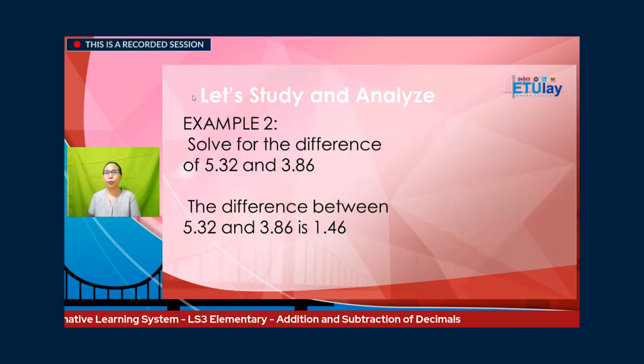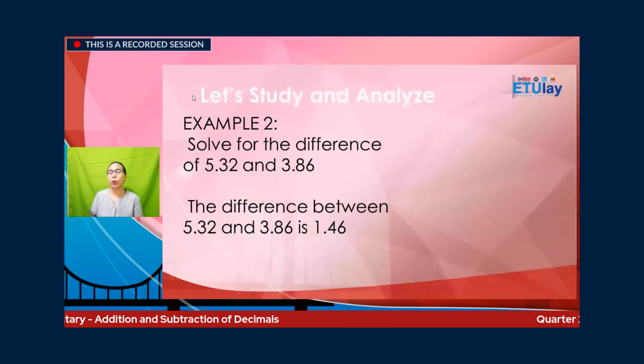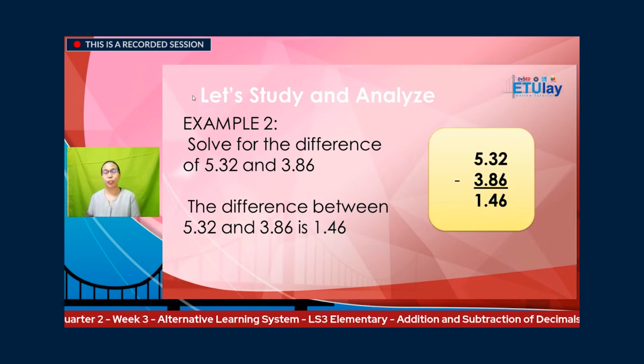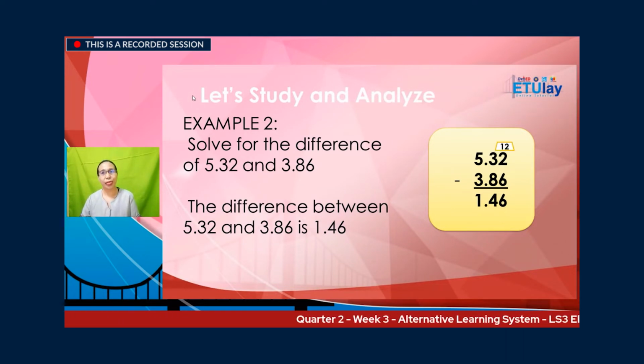Example number 2. Solve for the difference of 5.32 and 3.86. To find the difference, we got 5.32 minus 3.86. We start with 2 minus 6 cannot be. We need to borrow 1 from 3, so we got 12. 12 minus 6 is 6.